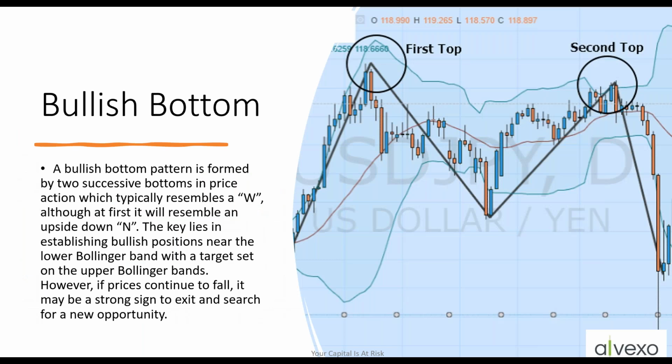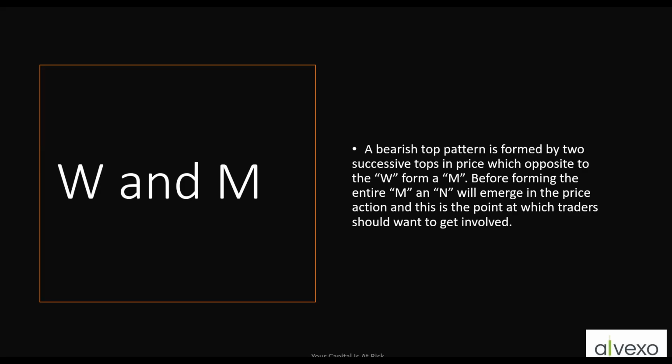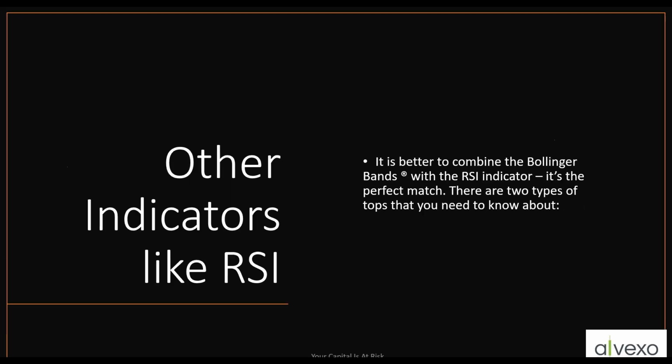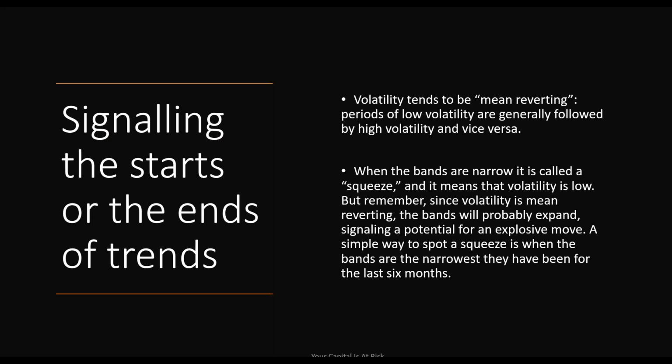And then we have the reverse, and everything in our trading is upside down and right side up. So we have the M formation, which is the exact opposite of the W formation. You wouldn't see this until we get what we call the M.